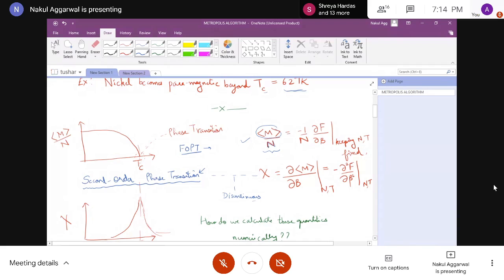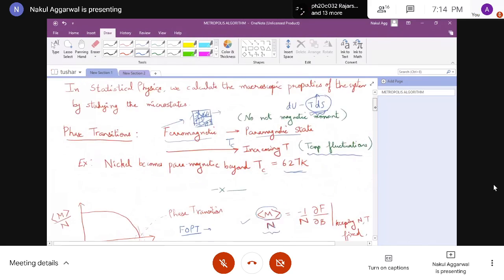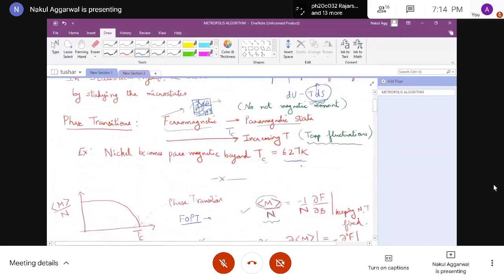I've not explained spin. Imagine that you have a lattice with atoms, and each atom is effectively represented by a spin. If it is pointing up, it is called spin up, and it is given a value +1. If it is pointing down, it is called spin down, and it is given a value -1.